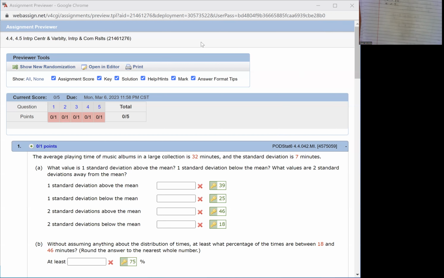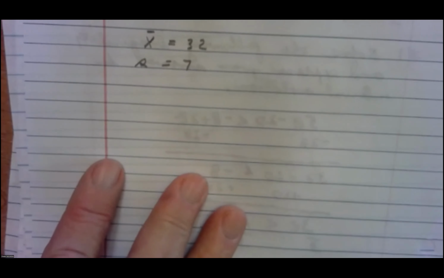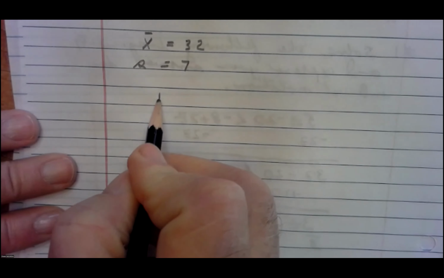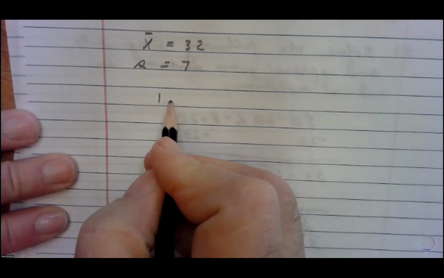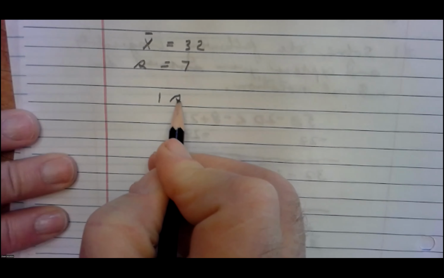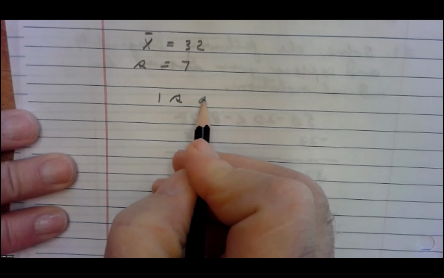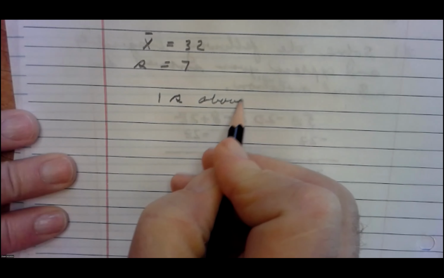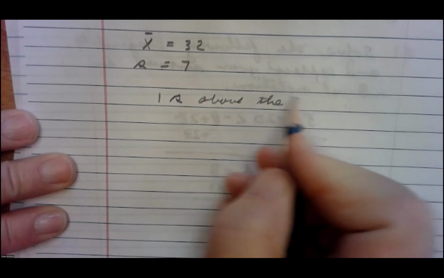So now, let me go to that camera, and you can see I've written it down here. Now we want to know 1 standard deviation above the mean.